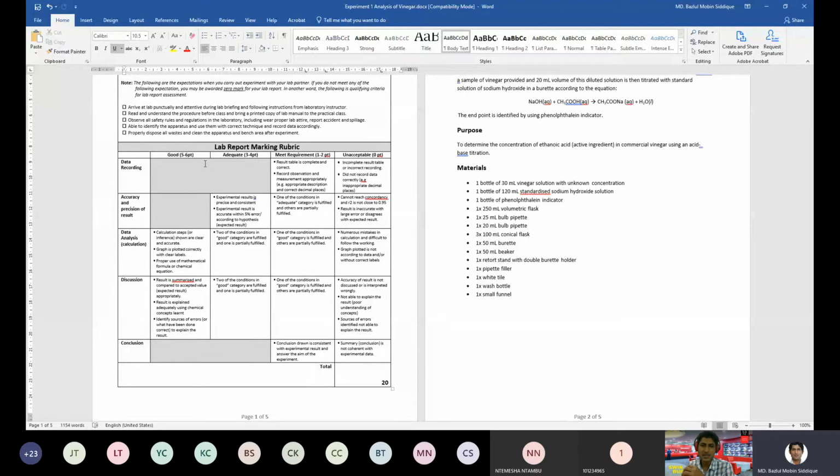Or sometimes, if the student, or those who are doing the experiment, is not sincere, there might be a big error, and that error is not acceptable. Fluctuation-type errors can be minimized or be acceptable, because this is beyond our control.